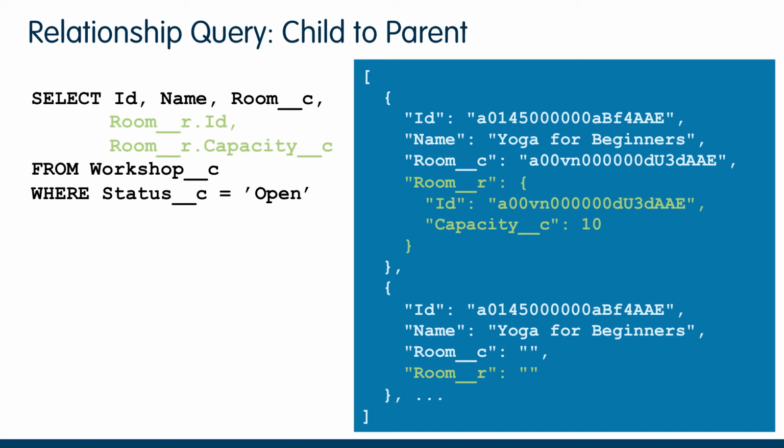And you'll see over on the right, we get a result with the 2 extra values. But notice how it's sort of nested within, and you can think of the dot notation as creating this structure. So you get a thing called room__r, and inside that are the 2, the ID and the capacity fields that we requested.